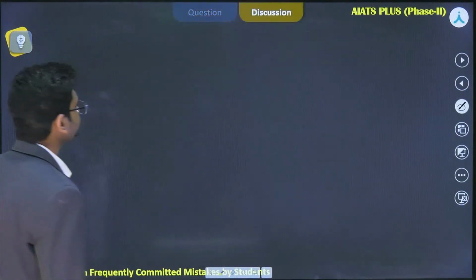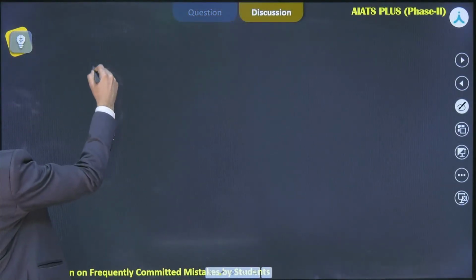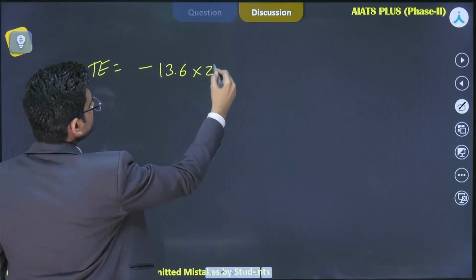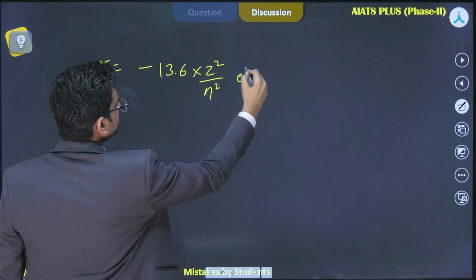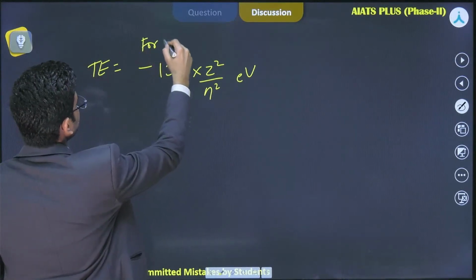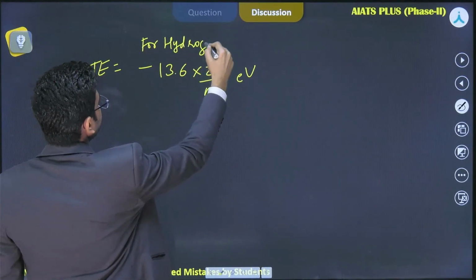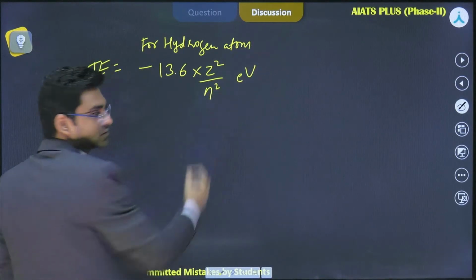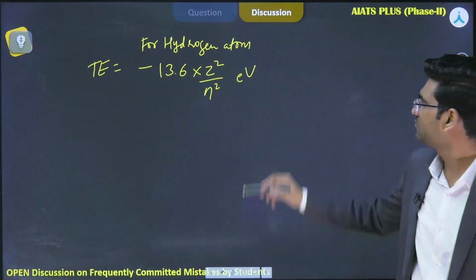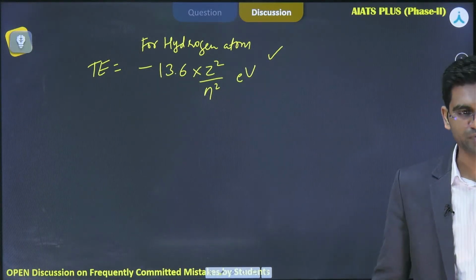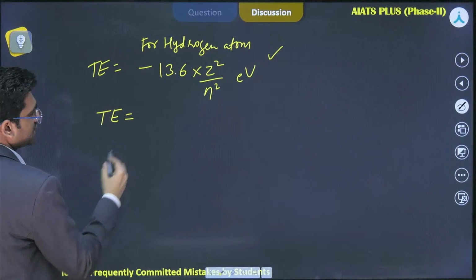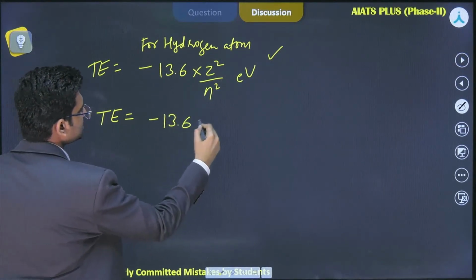The formula of total energy is minus 13.6 into Z square by N square, in electron volt. This is for hydrogen atom, where Z is equal to 1. This is applicable for all types of single electron species. So for Z equal to 1 and N equal to 1, we get minus 13.6 electron volt.